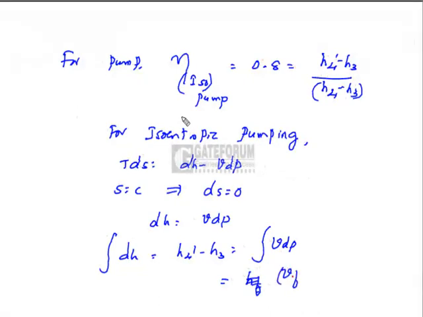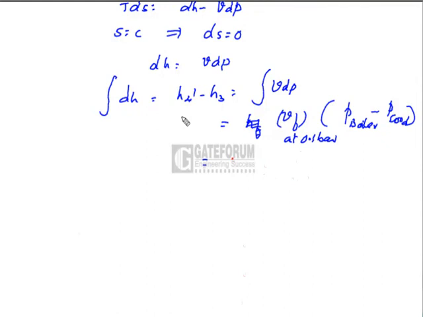Vf at 0.1 bar into pressure of boiler minus pressure in the condenser. Vf at 0.1 bar is given as 0.00101 into pressure in the boiler, 80 minus 0.1.